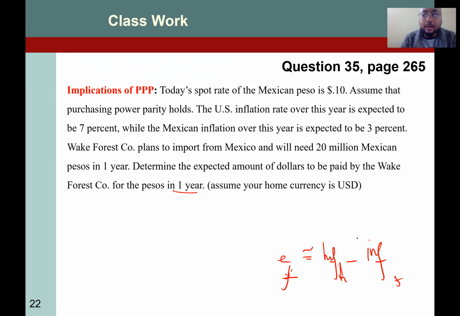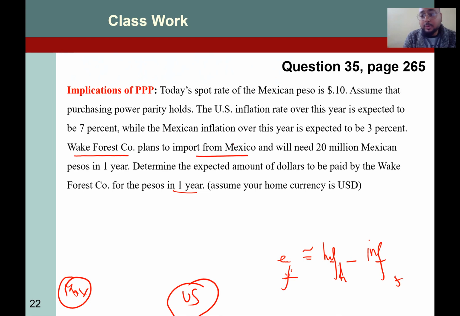In order to solve these kinds of questions, you need to mark where you are. Are you in Mexico or are you in the United States? Wake Forest Company plans to import from Mexico. It means you are here, right?